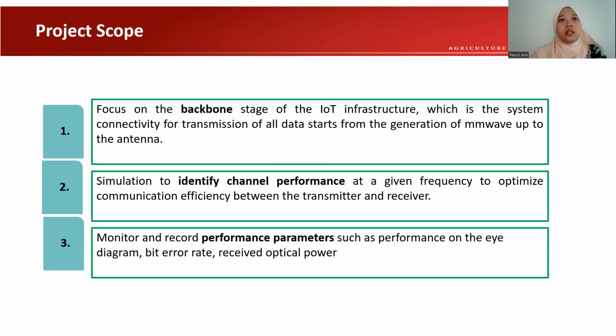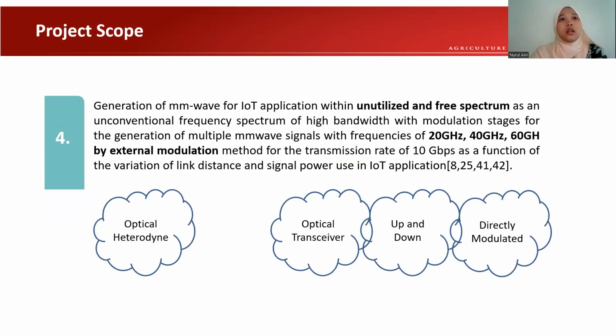Then the simulation to identify channel performance, monitoring and recording performance parameters such as eye diagram, bit error rate, and also received optical power. The generation of millimeter wave for IoT application within unutilized and free spectrum, which I tested at 20, 40, and 60 GHz by the external modulation technique.